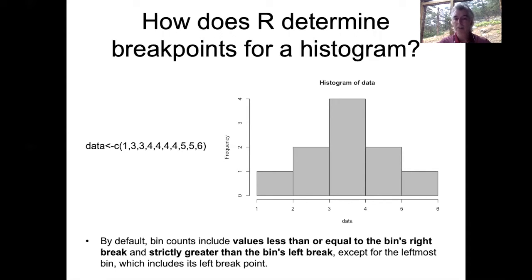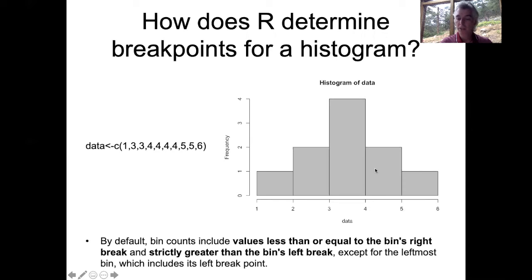In the statistical software program R, the default setting is for the bars to be counts of the number of observations equal to or less than the right-hand indicator, but greater than the left-hand indicator. So this bar here indicates that there was 1 observation of 6.